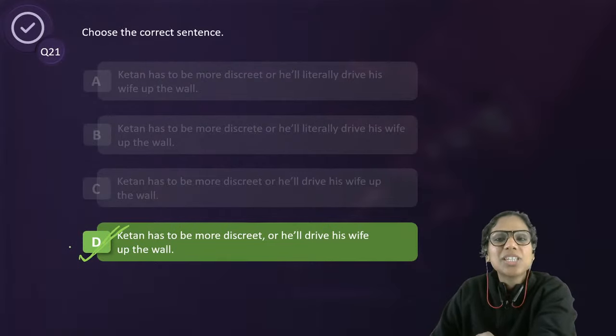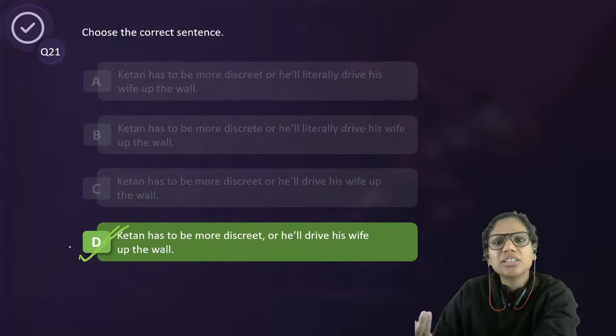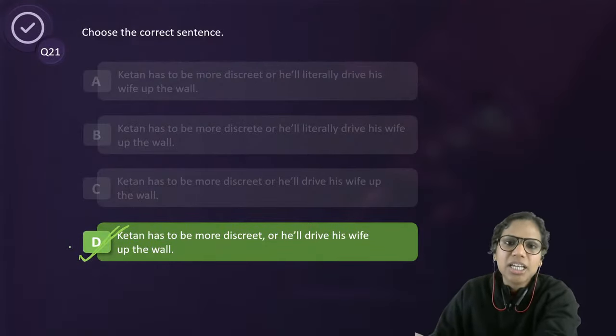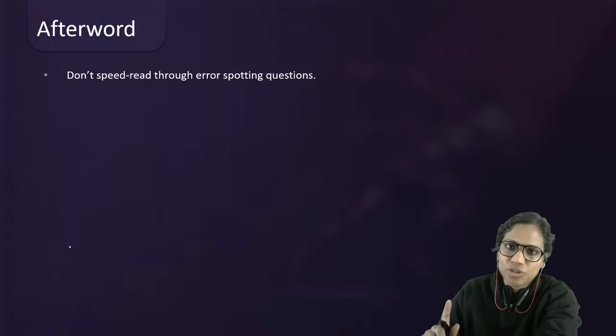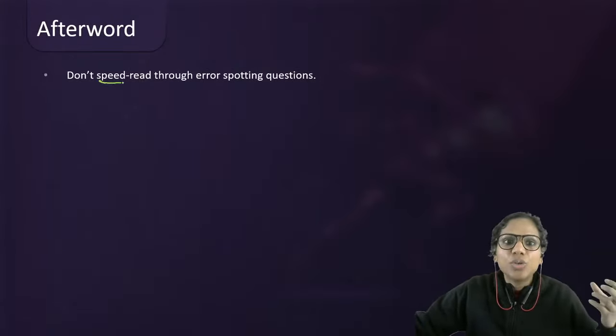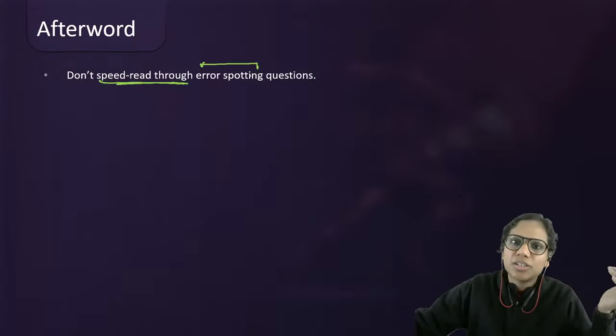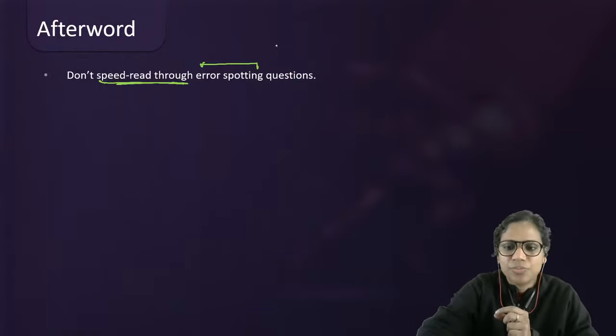So these were some sentence correction questions, right? Error spotting we've covered, then we've covered fill in the blank. So these are the usual grammar questions that you get, right? I suggest that you practice all your previous year papers also, very, very important. And in the exam, if you have lengthy sentences, then don't speed read through them, particularly in error spotting, because if you speed read through them very quickly, you miss the errors.